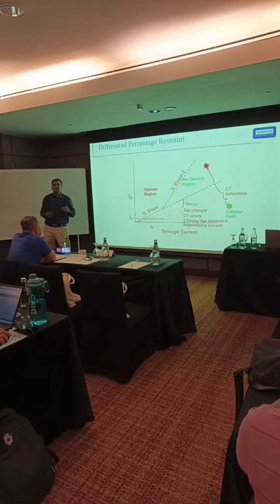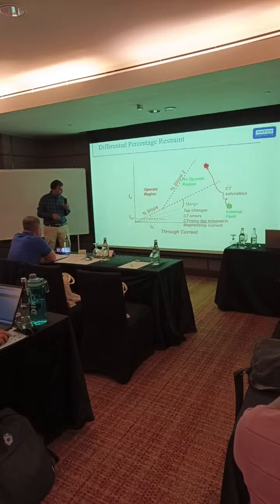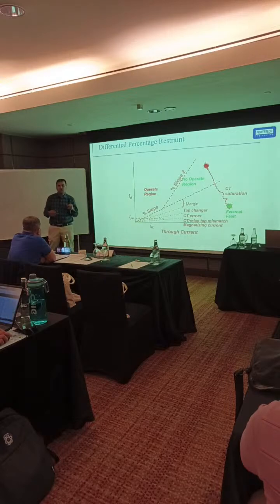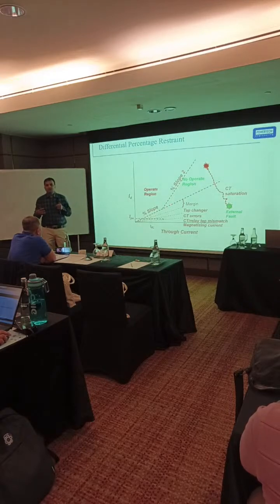So in generator you will see that pickup current is up to full load or 1.2, 120% of load. After that, the second slope starts, because the fault level will be higher at generator level.